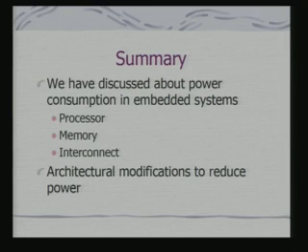This completes our discussion on these power-related architectural issues. We had looked at the processor, memory as well as the interconnect. What we have really looked at is basically the hardware design issues, hardware architectural issues. But a very important component is software. How do you write your program such that these features can be efficiently exploited?